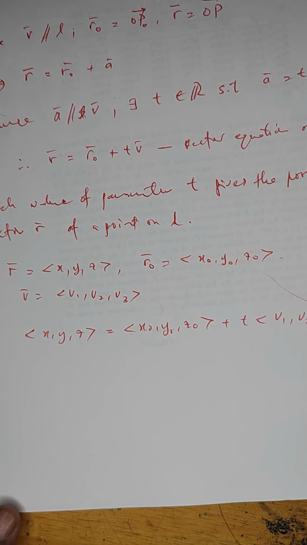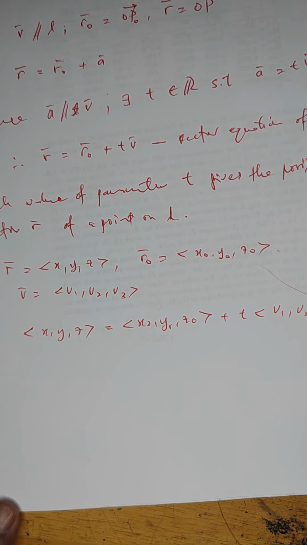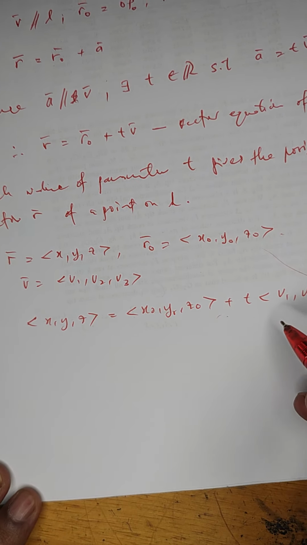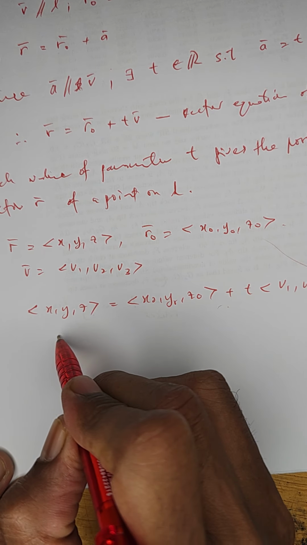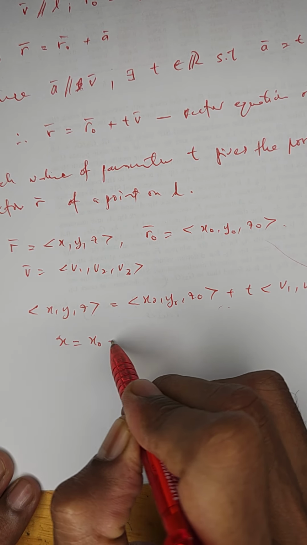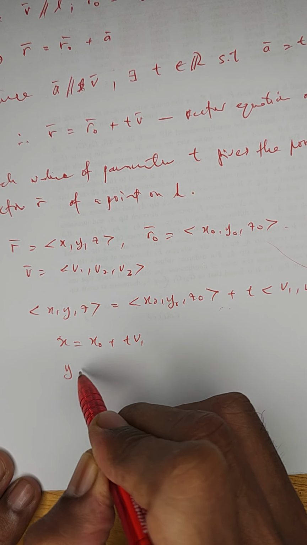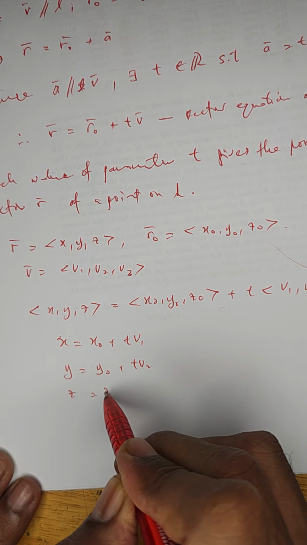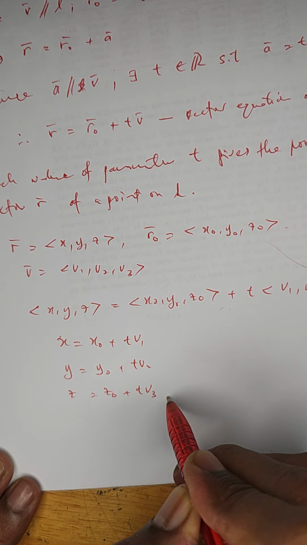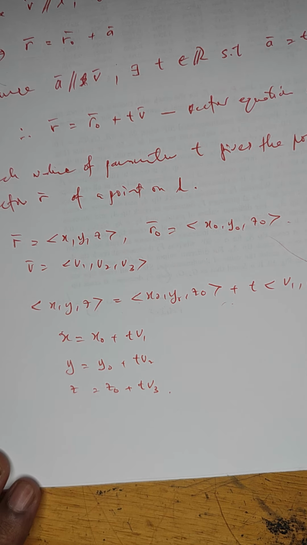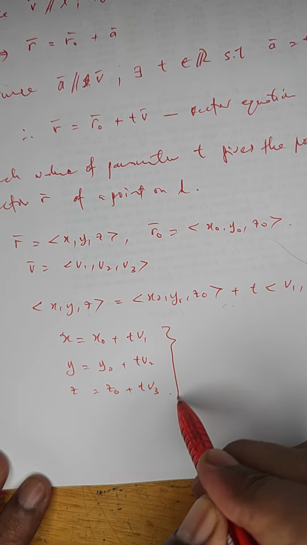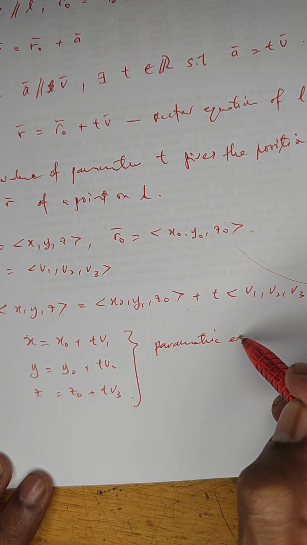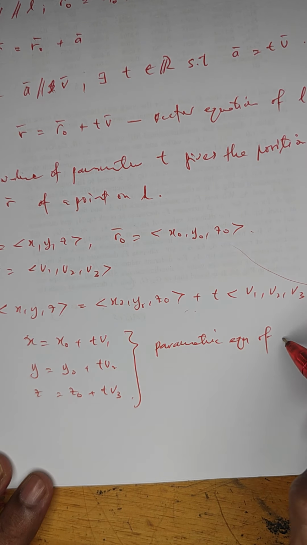If you equate the same components of each of these vectors, we have x equals x0 plus t v1, y equals y0 plus t v2, and z equals z0 plus t v3. This is a parametric equation of line L.